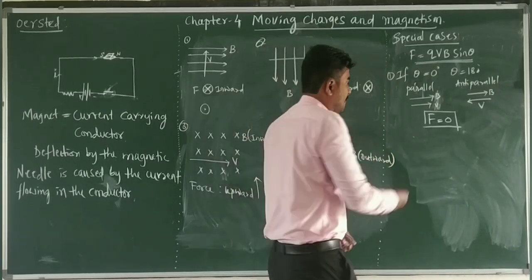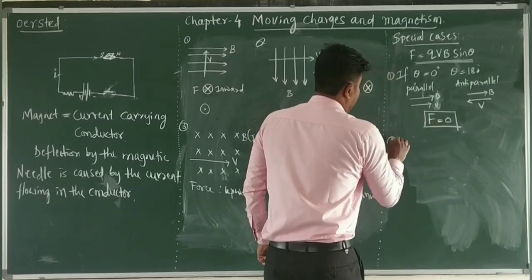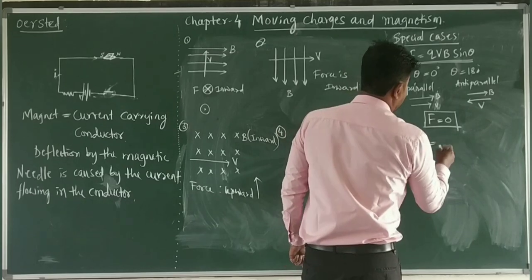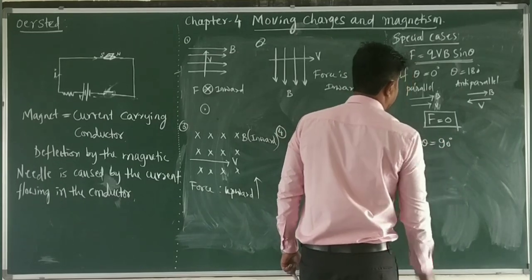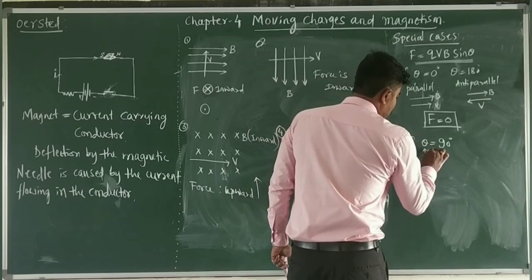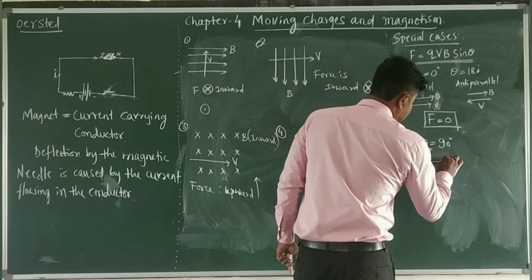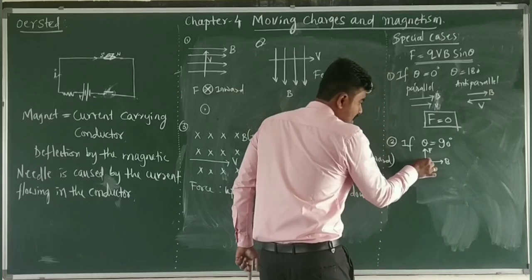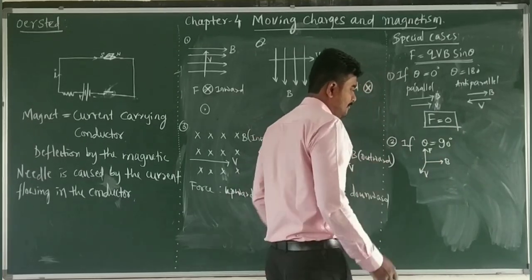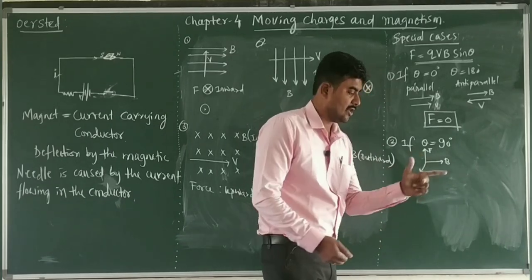Understood? Second one, if theta is equal to 90 degrees, this is force, this is magnetic field and this is velocity. This velocity is pointing outward actually, like this.